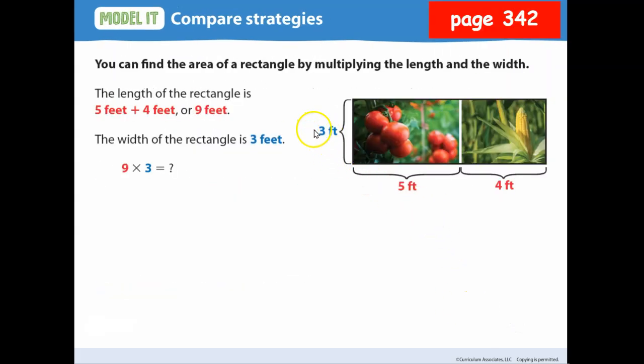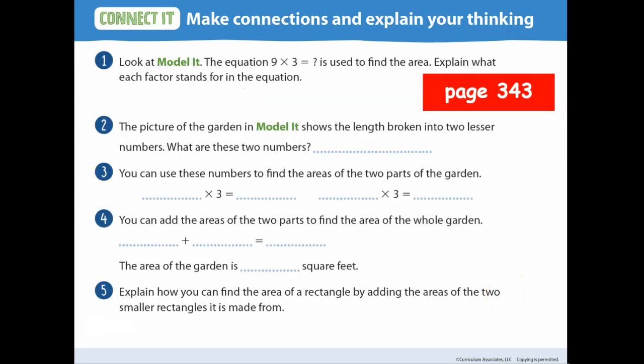Okay, so look, we went 5 times 3 and 4 times 3 because 3 is on this side. So what was 5 times 3? 15. 4 times 3? Okay, so then what do I do next?